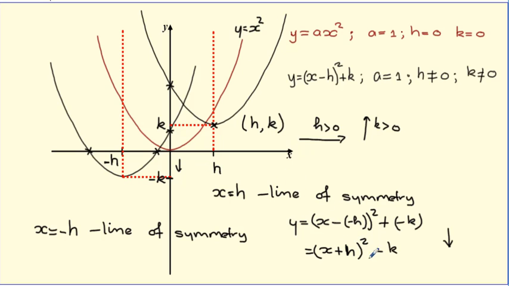When you come to this kind of equation, because h is negative here, the graph has been translated or shifted to the left by h units to get to minus h, and then k, it has been shifted from 0 there downwards by minus k units to get here, the turning point being minus h comma minus k.